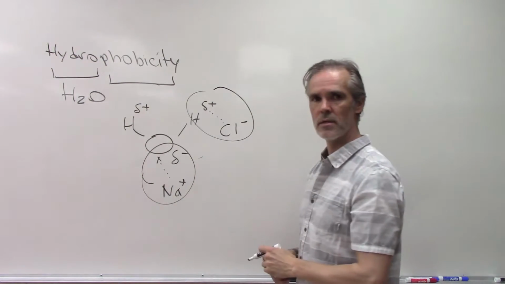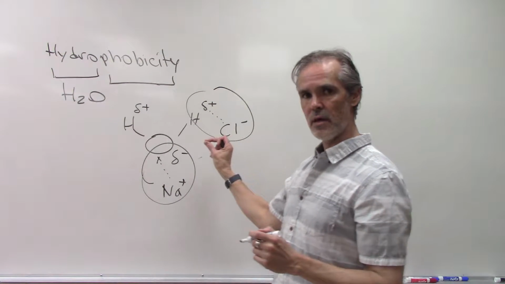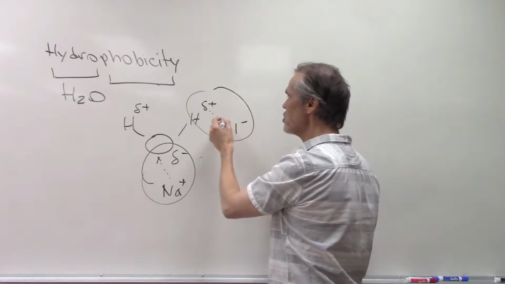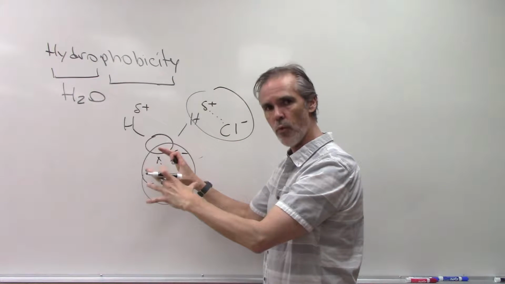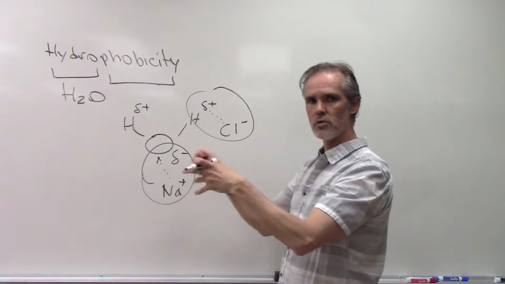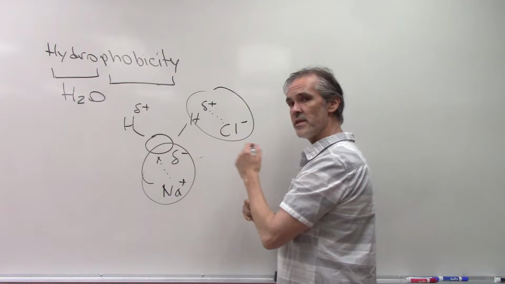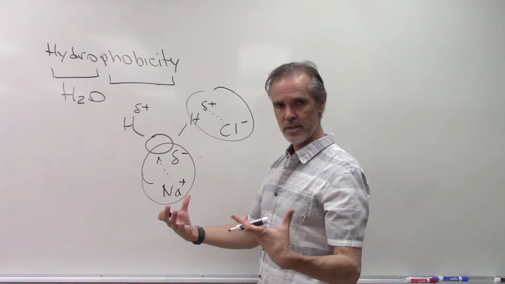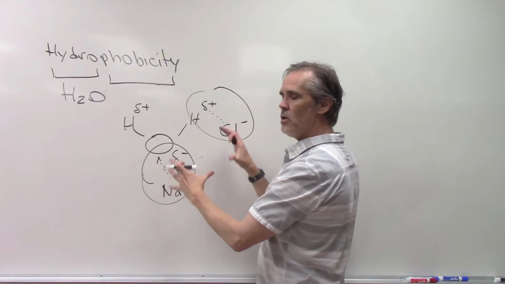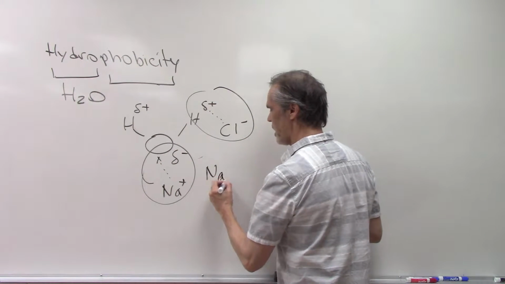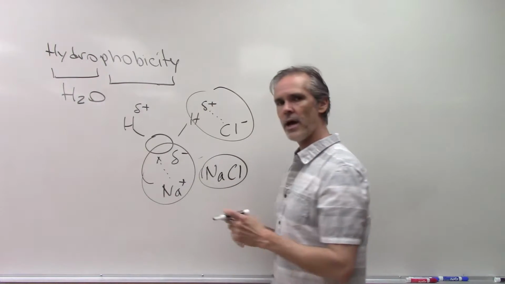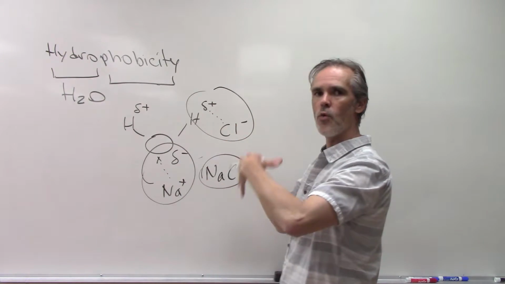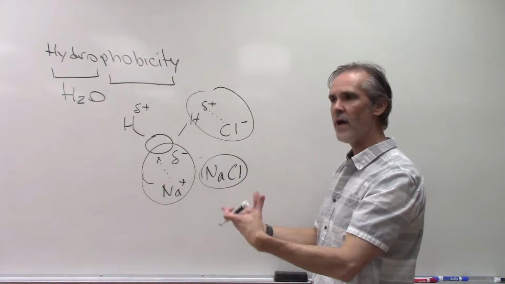So we know that whenever there is a charge, these charges have a tendency to interact with water. They want to interact with water. So in this case, this is a hydrophilic environment, right? This sodium chloride is of course hydrophilic. It will interact with water because of the way it is configured at the electronic level.